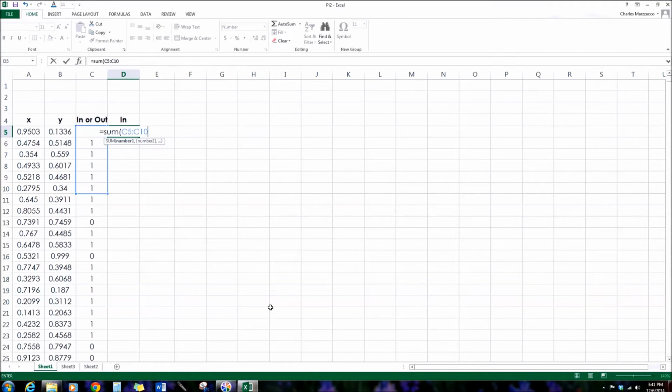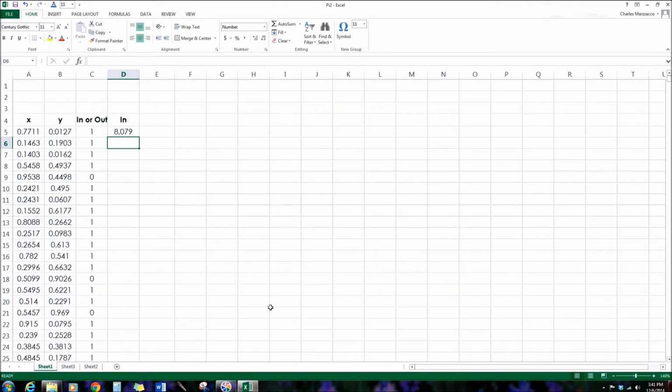It's not a nice round number, but it doesn't have to be. Before we had numbers like, so there was about 8,000 that are in. Now let's count the total number.